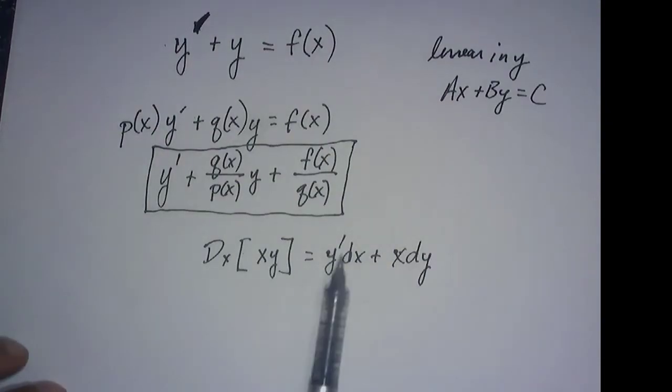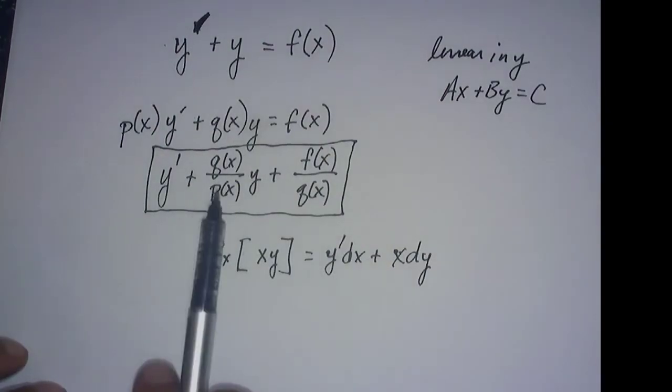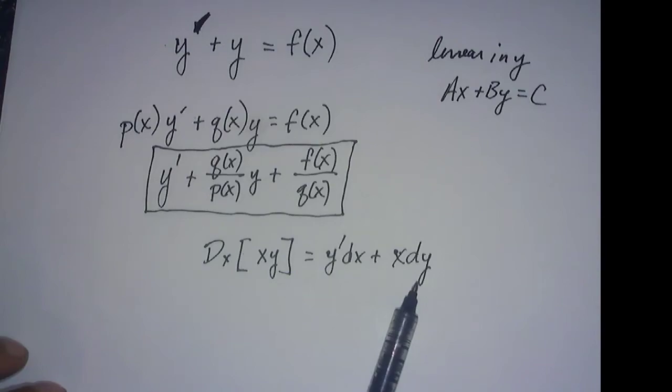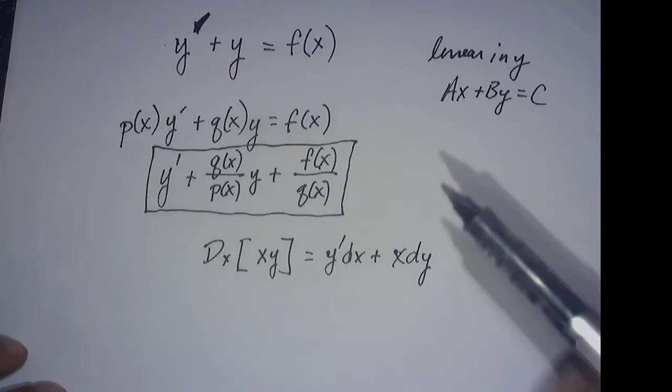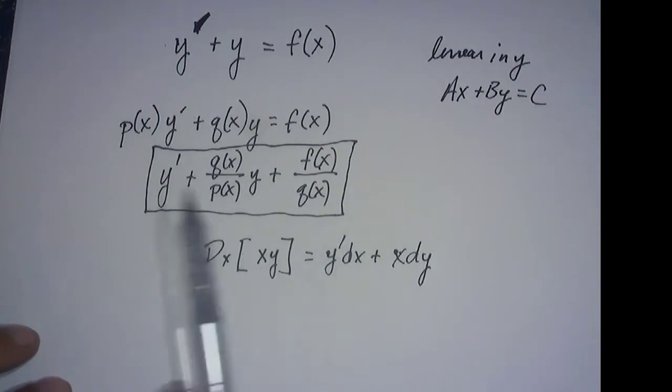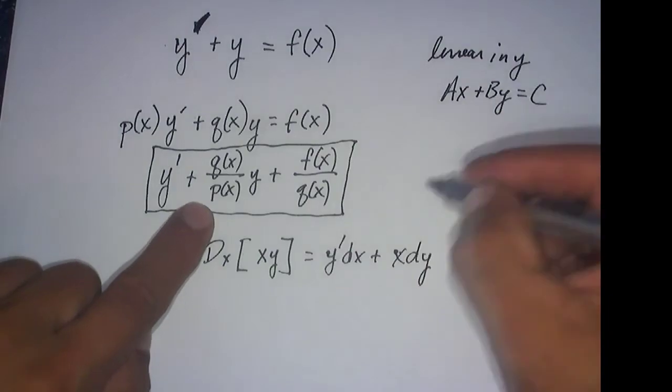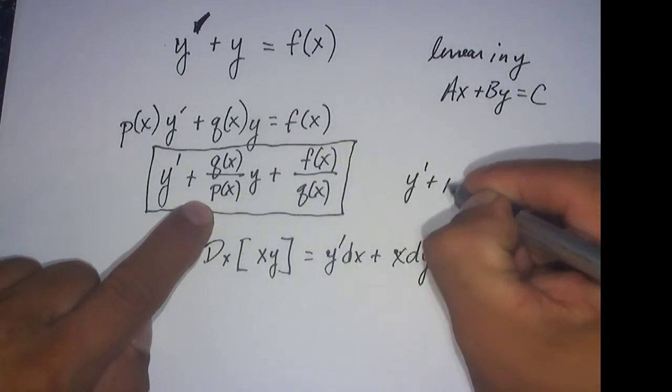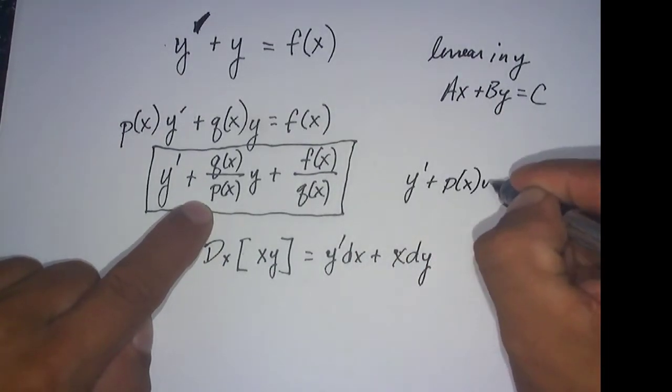So you can set this. You're going to use this integrating factor so that you can put it in this form. The integrating factor is like one of those magic tricks of calculus. There's a proof behind it, but I'm not going to do it. We're going to call this y prime plus p of x y is equal to f of x.